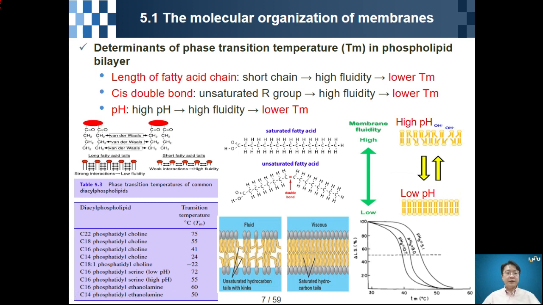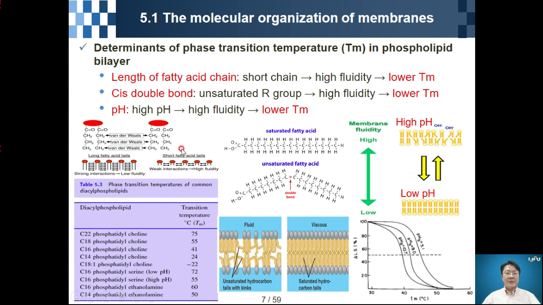Between each tail, usually van der Waals interaction happens. If they have a long fatty acid tail, it means that van der Waals interaction is strong, so it will induce low fluidity.